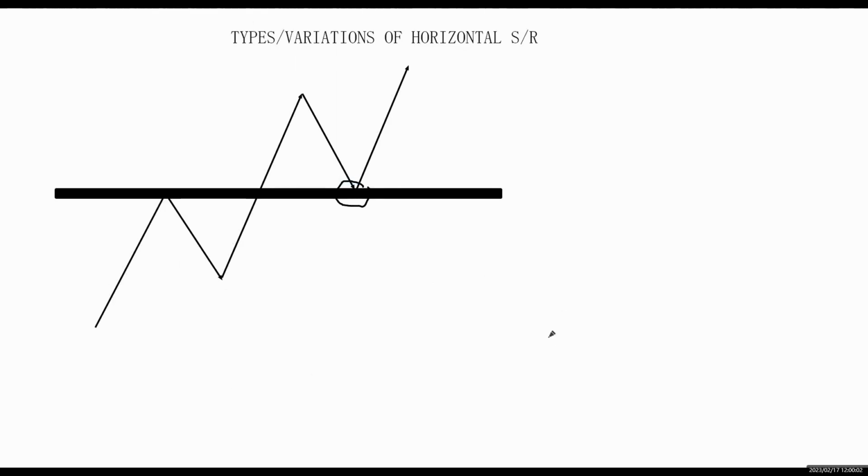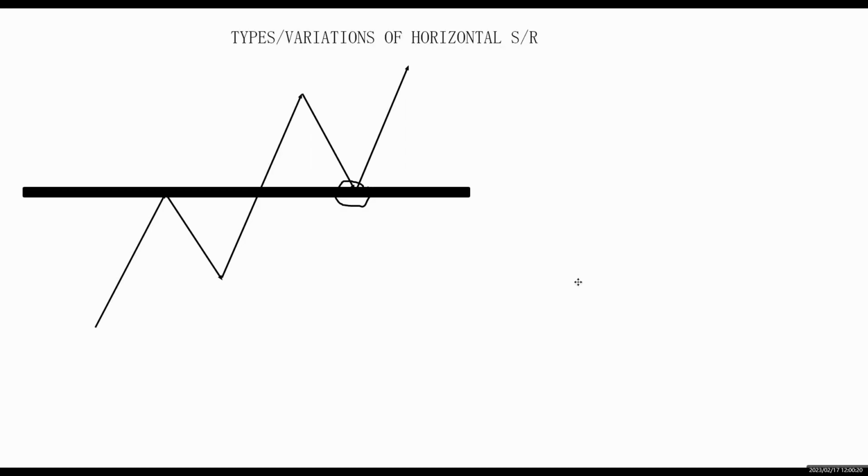Now we have another type in the market which might not be as direct as this, not as textbook-like an example, but it's also present in the market and you see it all the time.